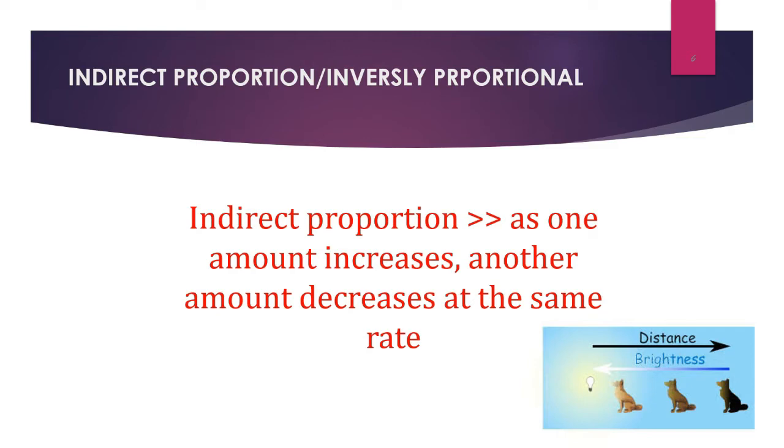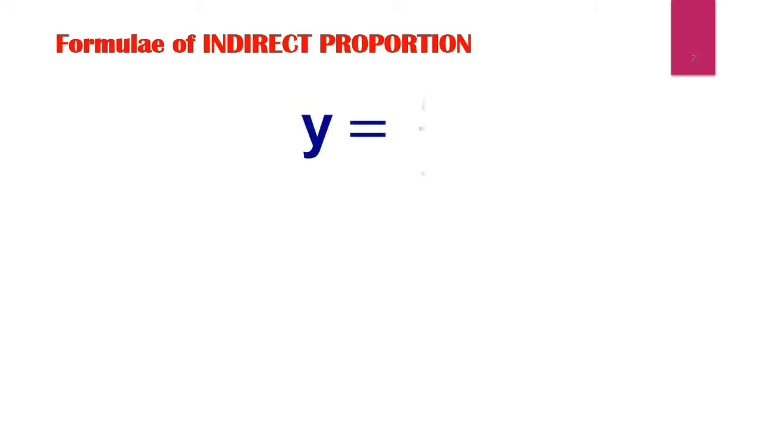Okay, to make it clear, what is the formula of indirect proportion? Express the equation as y equals k over x. Once again, y equals k over x, where k is constant.